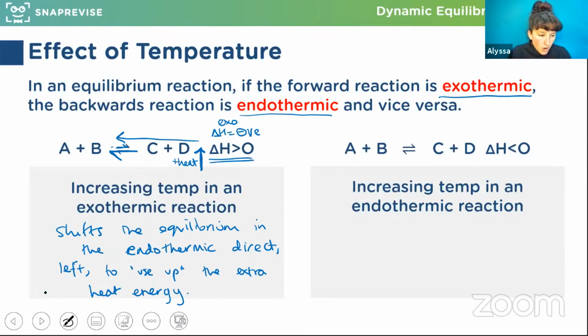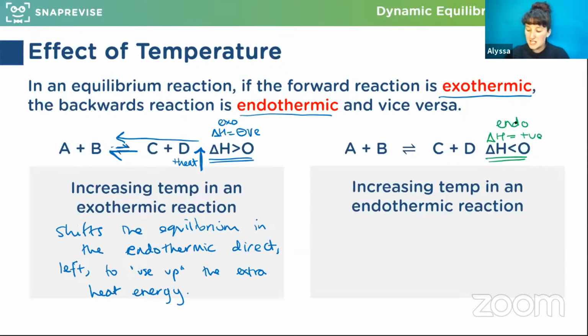And conversely, if our delta H is positive, i.e. our forward reaction is endothermic, and we increase the temperature, this means our backwards reaction is exothermic. So if we're increasing the temperature on an endothermic reaction, then the opposite is going to happen again.